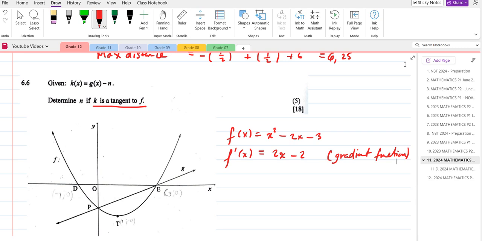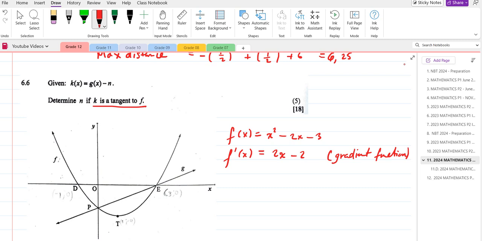If you substitute values here, then you will get the gradient of the tangent line.